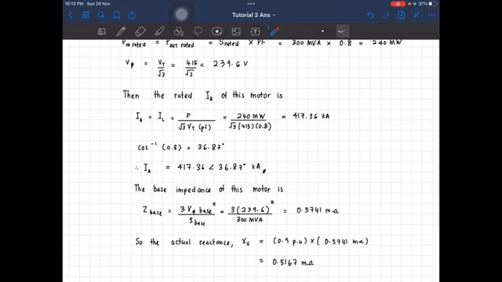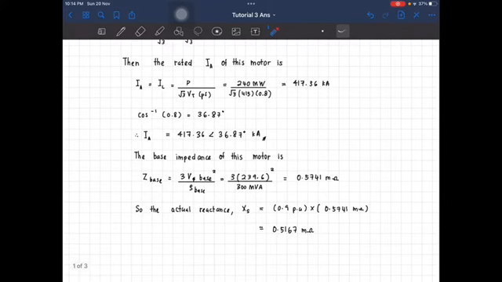And then we find the base impedance of this motor is Z base equal to 3 V phase base to the power of 2 over S base. So 3 times 239.6 to the power of 2 over 300 MVA equal to 0.5741 milliohm.